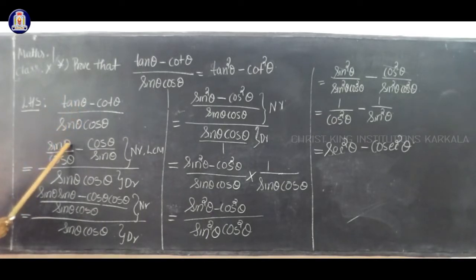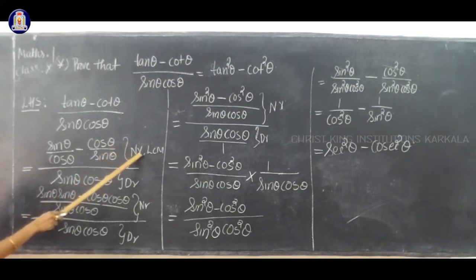Tan theta is sin theta divided by cos theta, minus cos theta divided by sin theta. Denominator is as it is. So this is your numerator. So for numerator take LCM. So LCM of cos theta into sin theta is sin theta into cos theta. Next get numerator part. Cos theta, assume cos theta cancel.